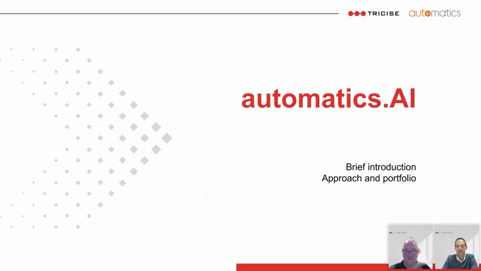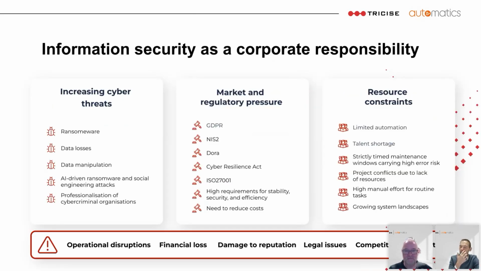First of all, we heard about the challenges before from Günther, and it's important to understand why you need tools like automatics or Automic on the other hand. We see on our customer sides 3 different areas which they are facing.